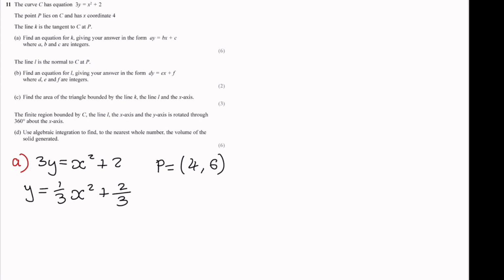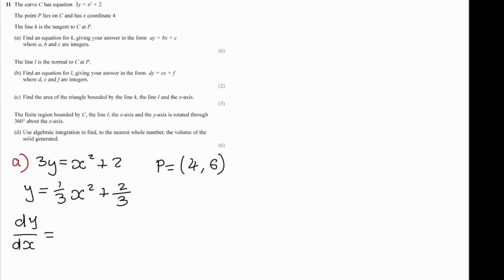We now need to find the line K, which is a tangent to C, which means it has the same gradient because it's a tangent at the point P. So we need to find this gradient. Now to find the gradient, we need to find the gradient function, which means we need to differentiate our curve.